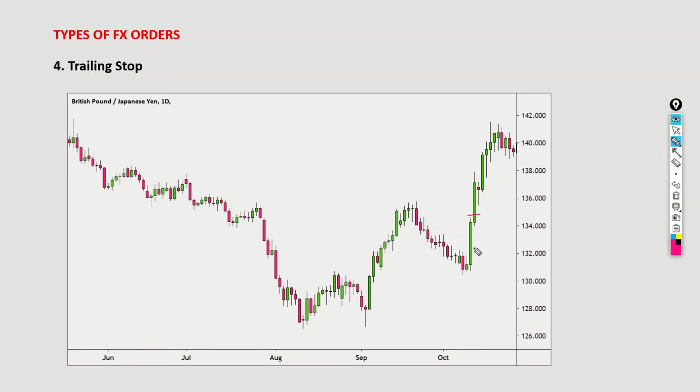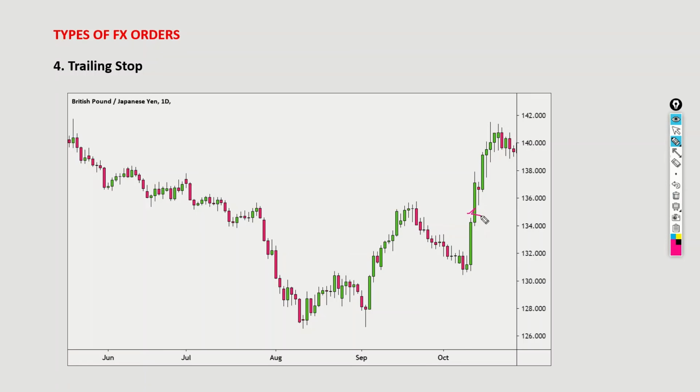But if you buy from here, put your trailing stop loss here, and then the price moves backward, your trailing stop will stay there, and then you will be out of the market, right? So for a trailing stop loss, it moves with the market as long as the market is moving your way, but it does not move away in case the market is going out of your way.